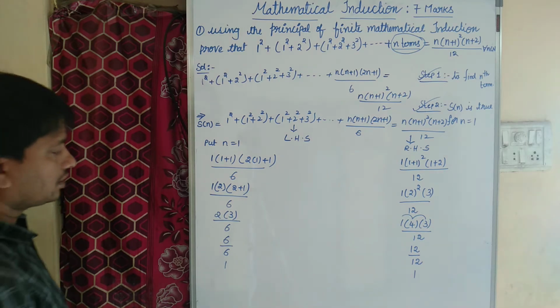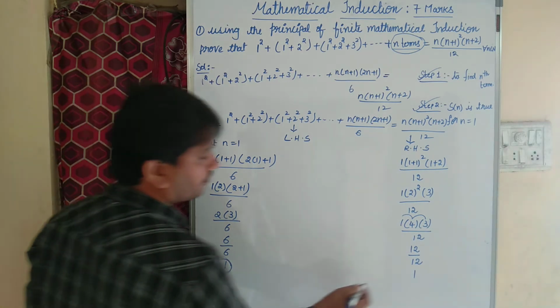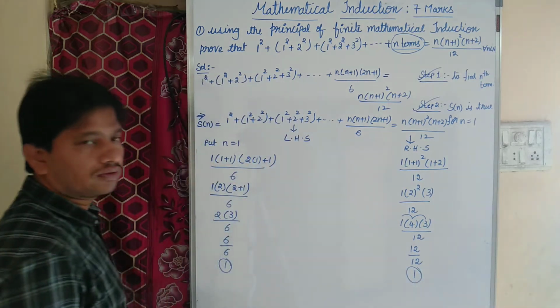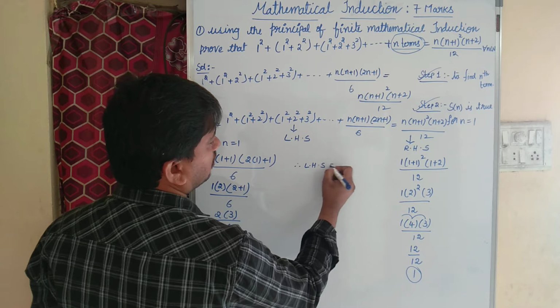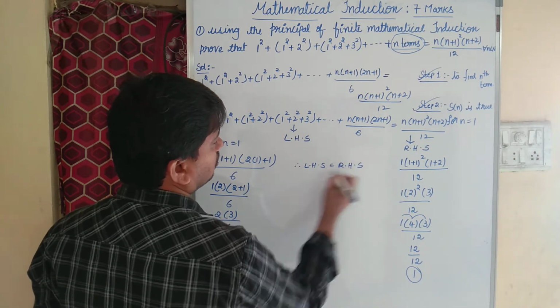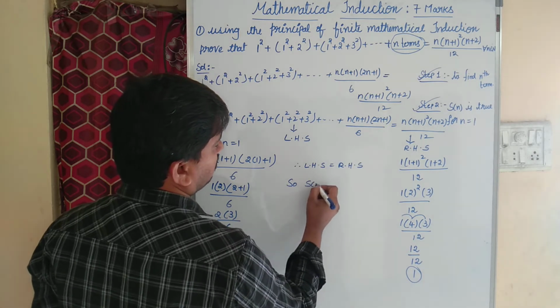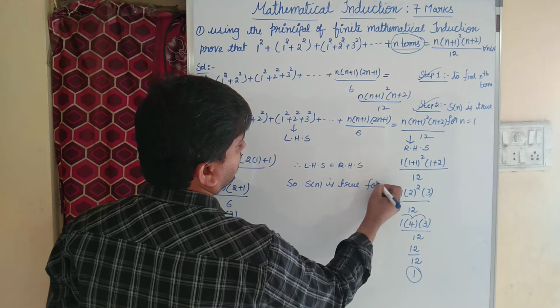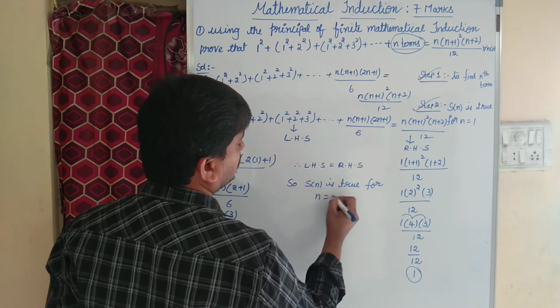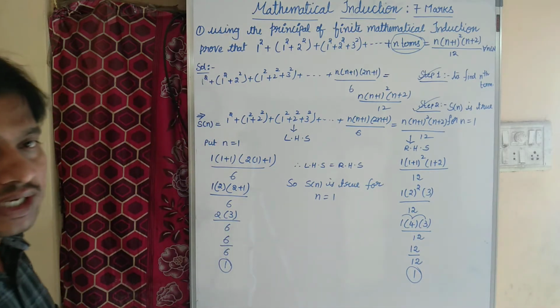What did we get, children? We got LHS is 1 as well as RHS also 1. That is, LHS equal to RHS. So S of n is true for n equal to 1. That is our second step.